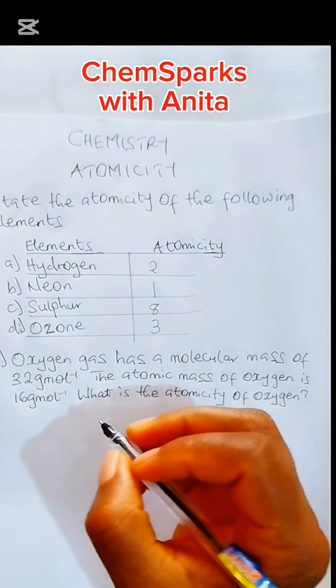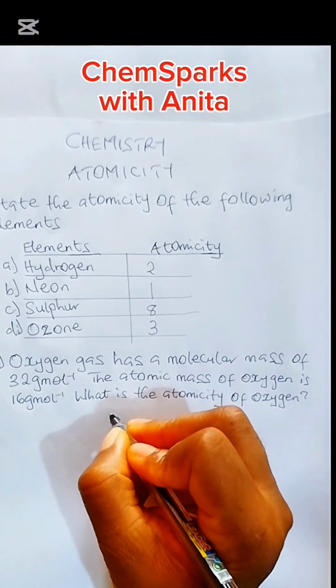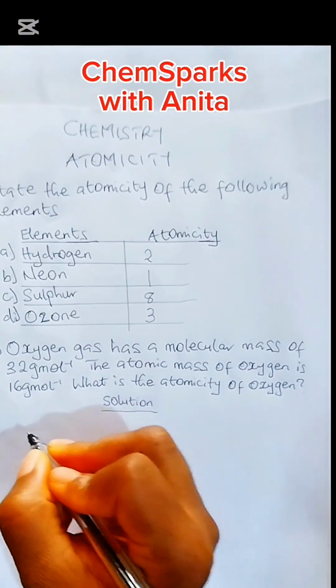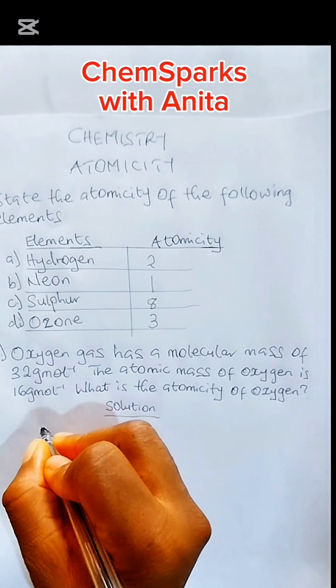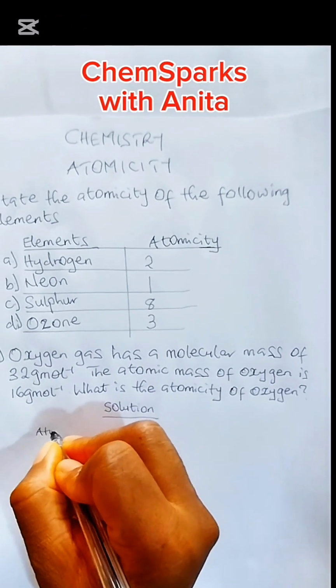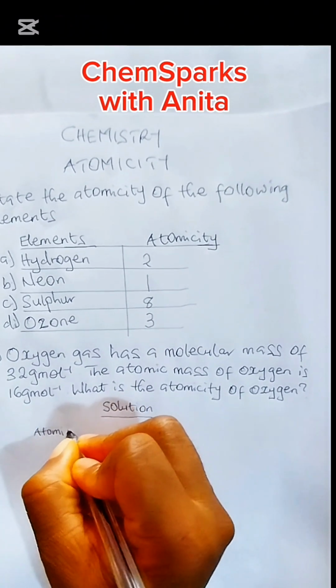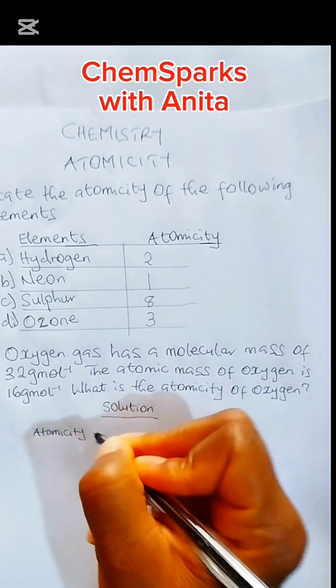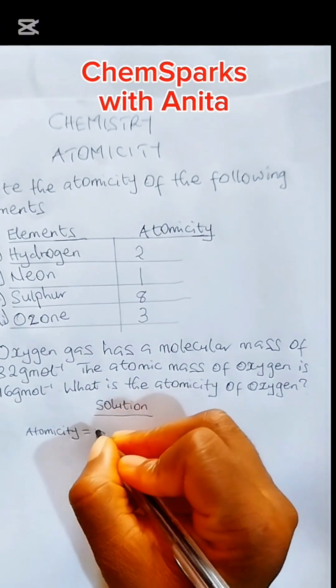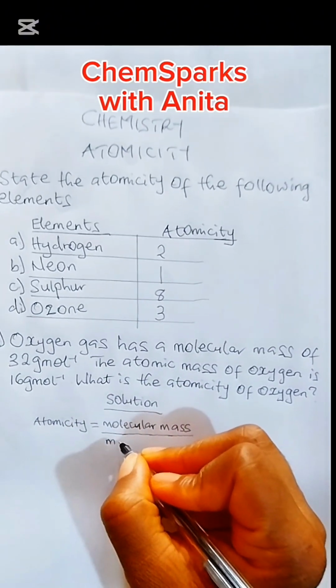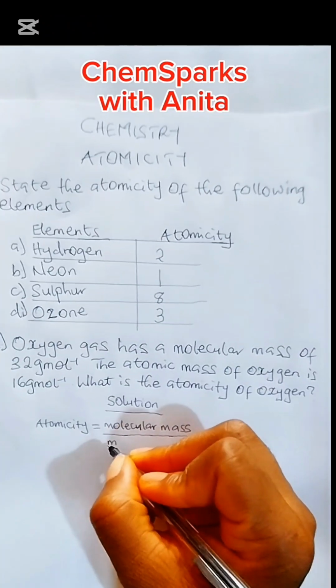Now, this is what we do. We use a formula to solve this. So to solve this question, atomicity is given by the formula atomicity is equal to molecular mass over atomic mass.